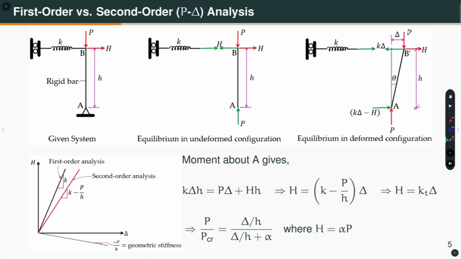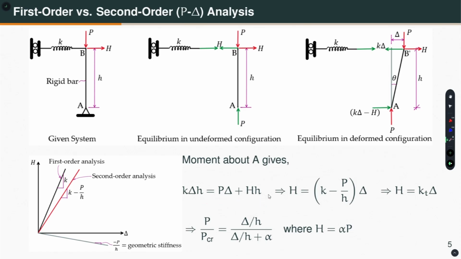Okay. Now, we consider the equilibrium of this free body diagram. So, if I take moment about point A, then I can write K delta into the height h, which is producing a counterclockwise moment, is equal to P into delta, which is a clockwise moment, plus H into h, which is also a clockwise moment. So, K delta h is equal to P delta plus H into h.